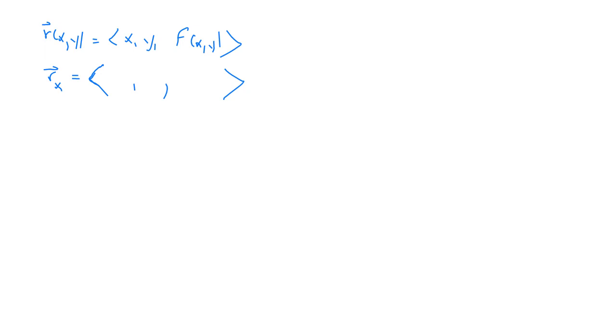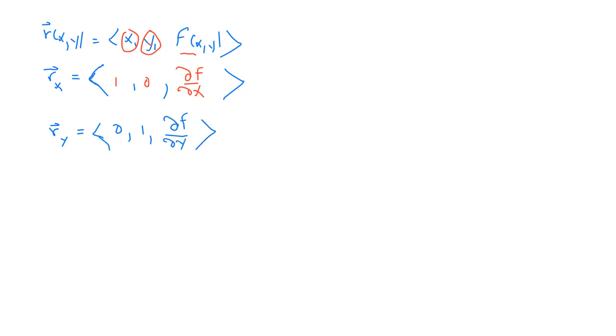What's the derivative of x with respect to x? A 1. What's the derivative of y with respect to x? That's 0. What's the derivative of f with respect to x? That's the partial derivative of f with respect to x. Similarly, the derivative vector with respect to y would be 0, 1, and then the partial derivative of f with respect to y.